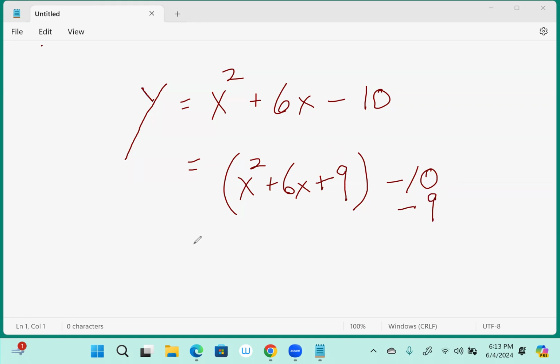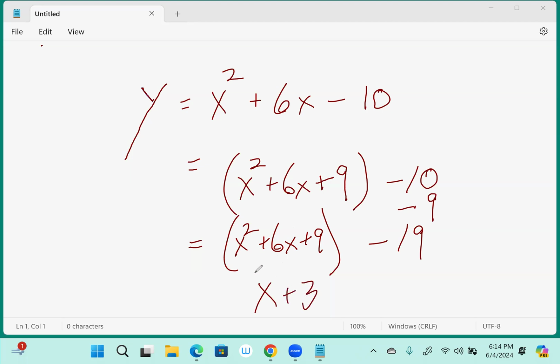So now I can write this as x squared plus 6x plus 9 minus 19. And because I used completing the square by taking half of that coefficient and squaring it, that guarantees that I can write this as a linear factor squared.